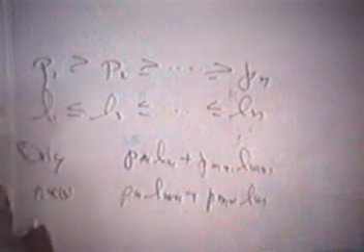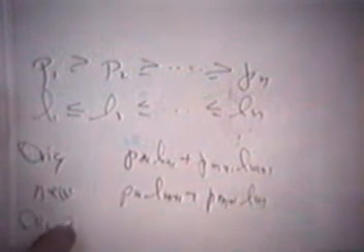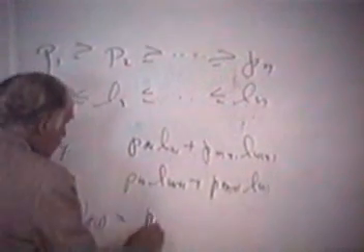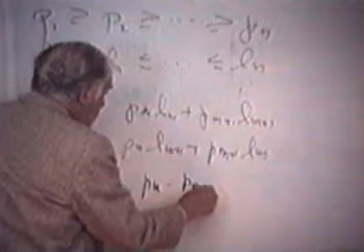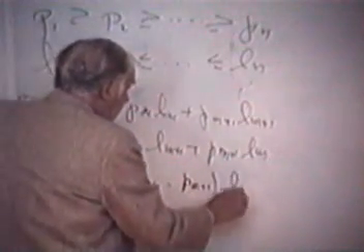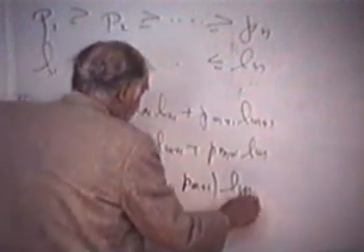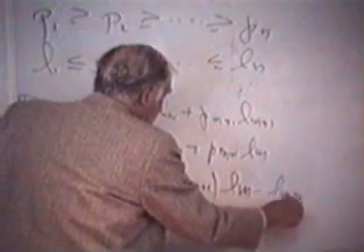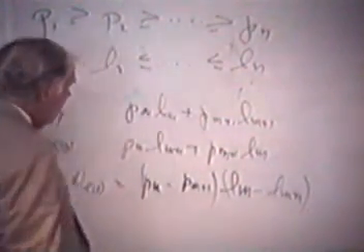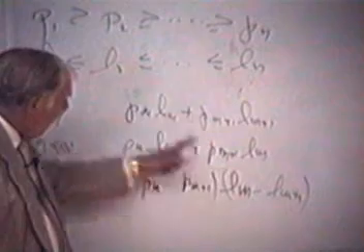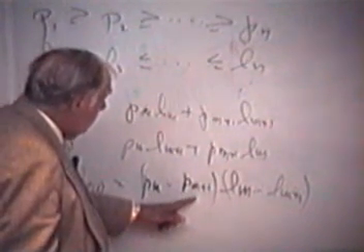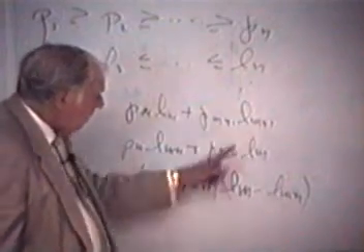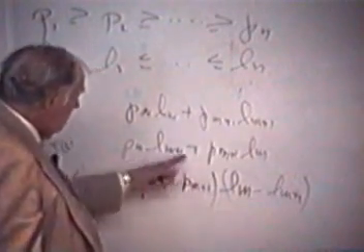Now if I subtract old minus new, I will have, I claim, Pm minus Pm plus 1 times Lm minus Lm plus 1, I think. Let's see, there's a Pm Lm, there's a Pm plus 1, Lm plus 1 with a plus sign, and the other two cross terms are this.